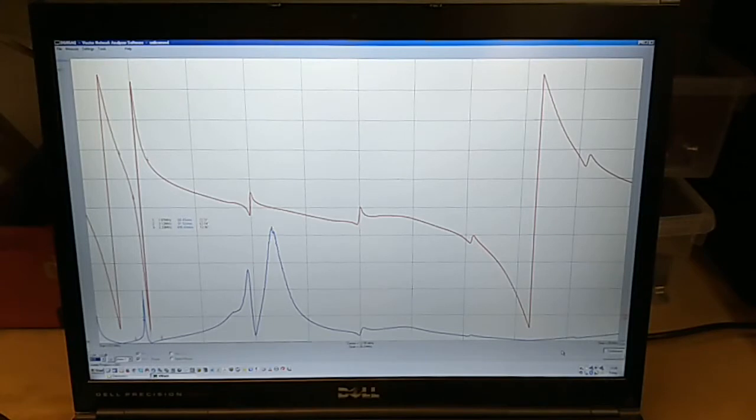Okay, so now we're taking scans, and I have got the primary tuning capacitor fully open, so it's around about 20 picofarads. That's fully wound open. And what we actually see now is very similar to what we had before, although we have an additional resonant circuit in here.